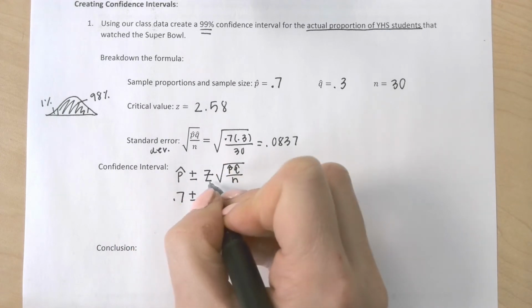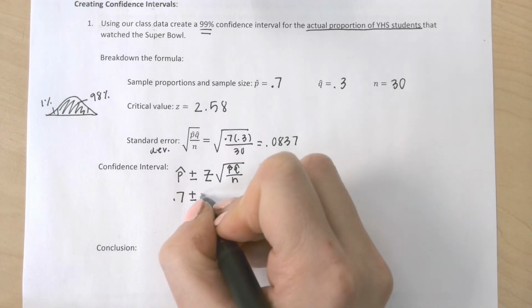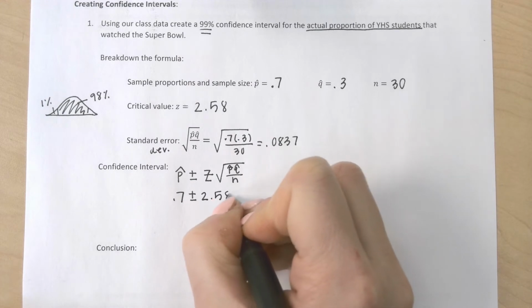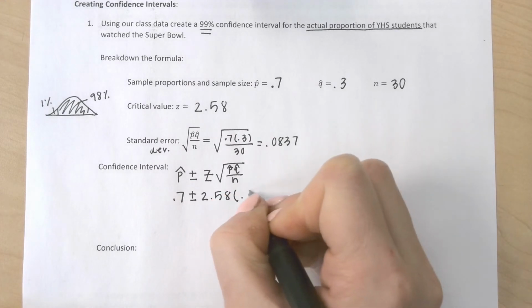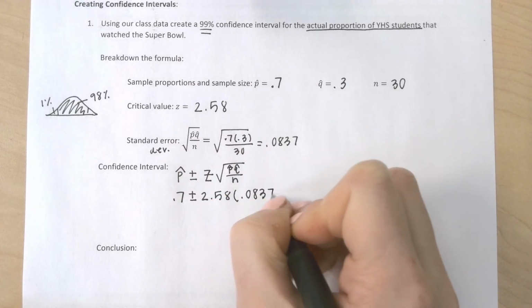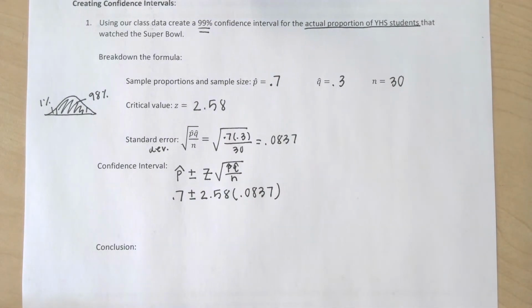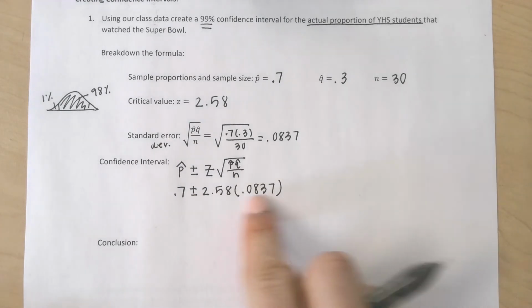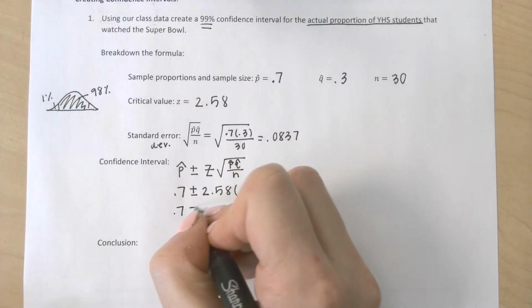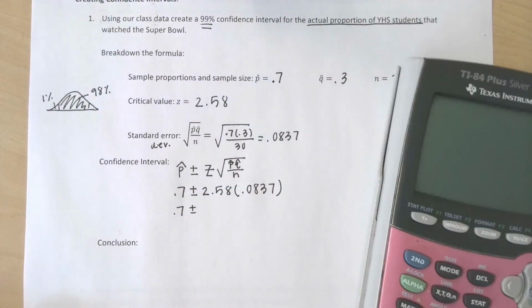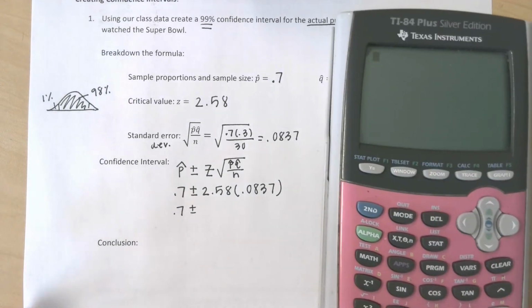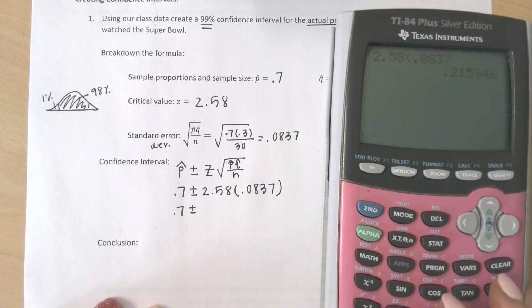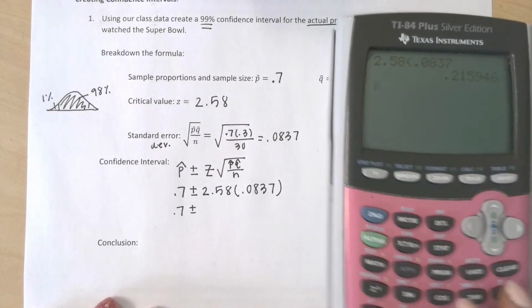I'm adding and subtracting the z of 2.58 times my standard deviation of 0.837. I'm going to simplify here so I can see what that margin of error actually is. So I'm going to do the z-score times that standard deviation, which is 0.2159.